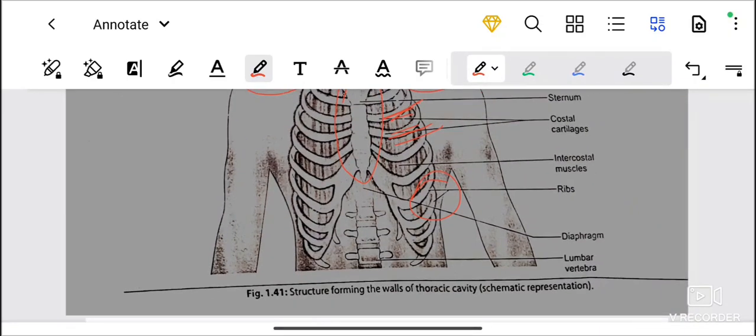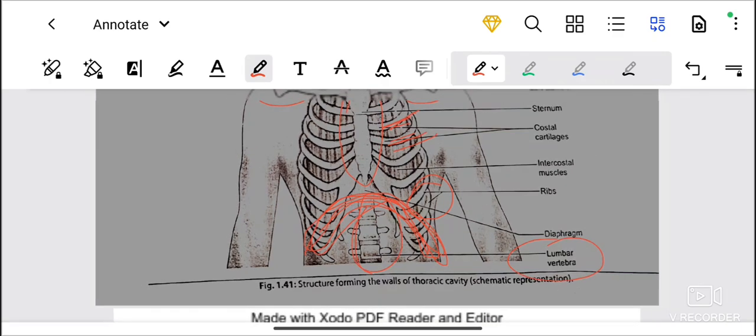Here is the diaphragm, which separates the thoracic cavity and the abdominal cavity. Below the diaphragm, posteriorly, you can see the lumbar vertebrae, here L1.